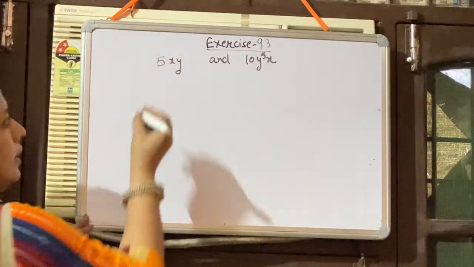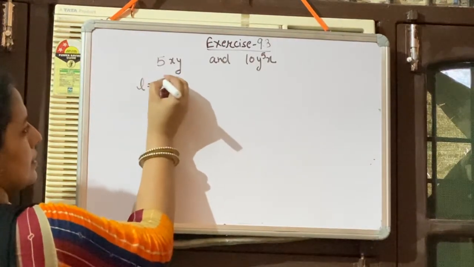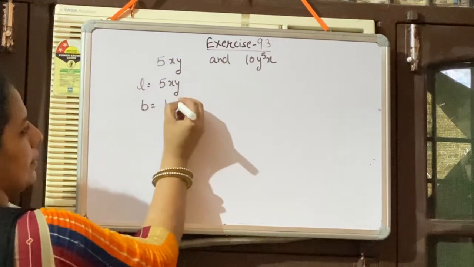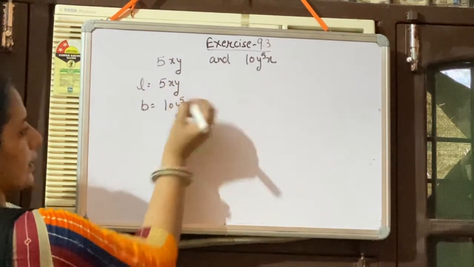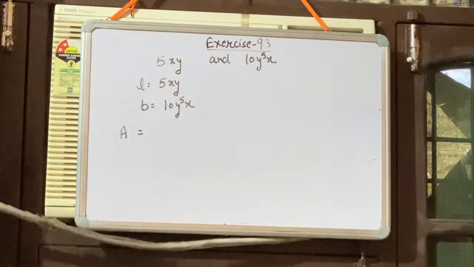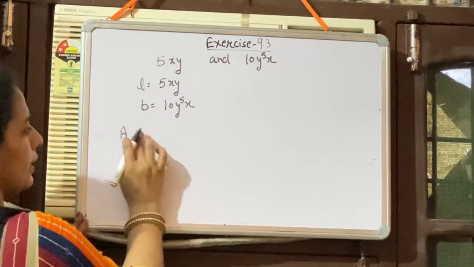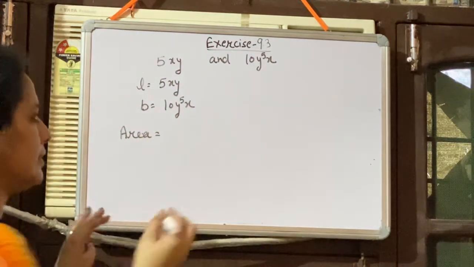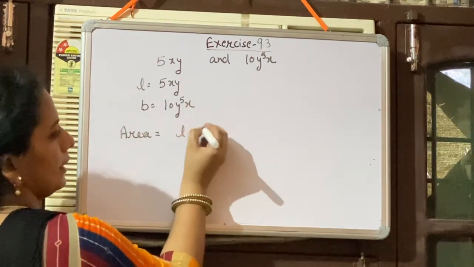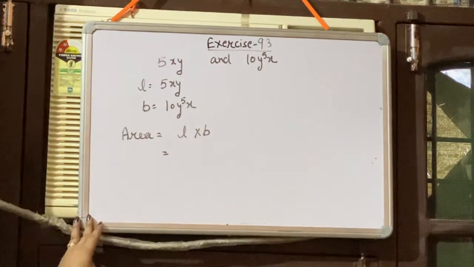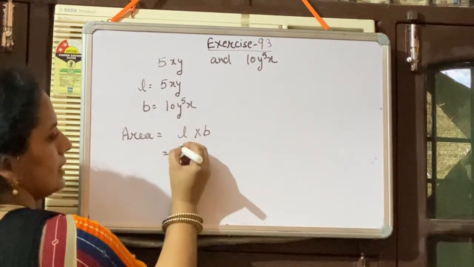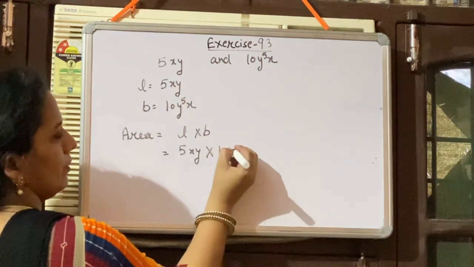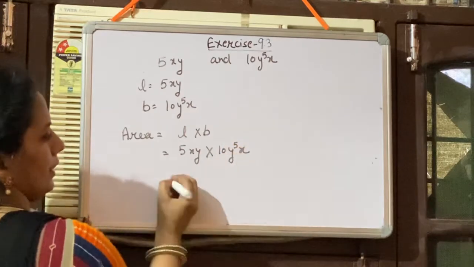First of all, write length is 5xy, breadth is 10y raised to power 5x. We have to find the area. Write the formula. What is the formula of the area of a rectangle? That is length multiply breadth. Put the values: length is 5xy, breadth is 10y raised to power 5 and x.